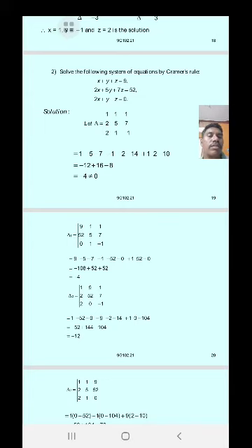That equals minus 12 plus 16 minus 8, that equals minus 4. That is not equal to 0.